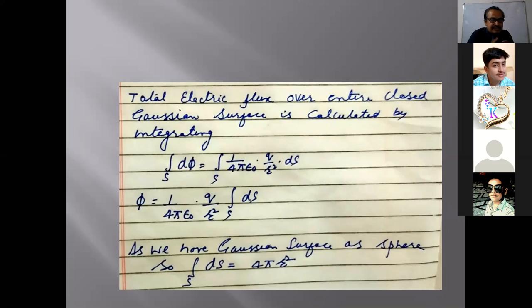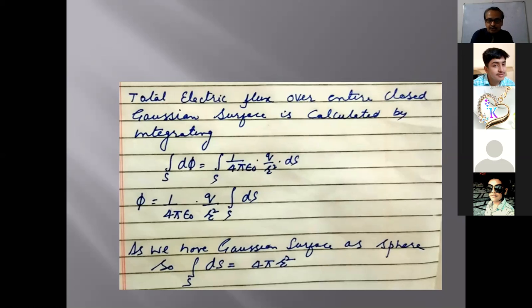Its surface integral means its area. Now, what is the area of the Gaussian surface? Obviously, Gaussian surface is a sphere. So the area of the sphere is 4 pi r square. That means surface integral of ds will be equal to 4 pi r square.